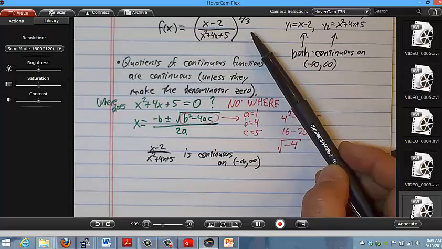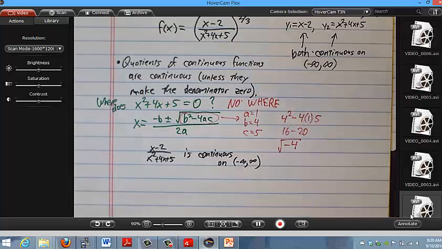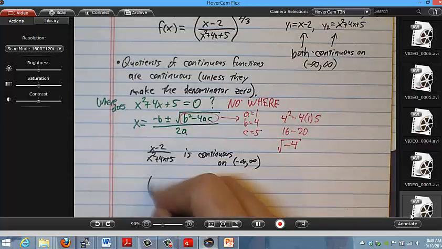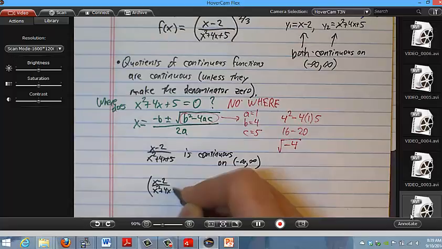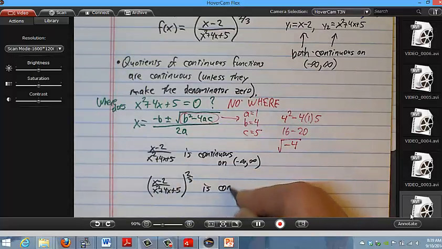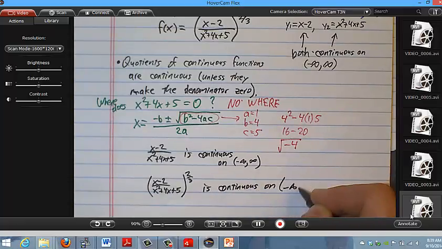You're taking a cube root. Now, square roots, we have a problem. We have to keep everything positive. But cube roots, take the cube root of anything. Okay? So we will conclude that x minus 2 over x squared plus 4x plus 5 to the 2/3 is also continuous on negative infinity to positive infinity.